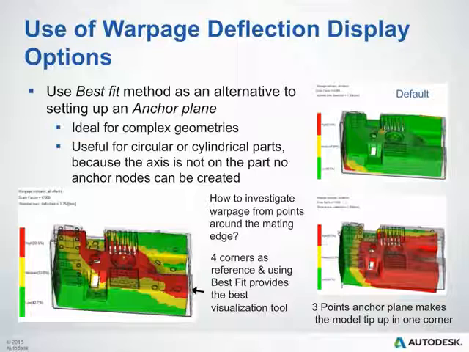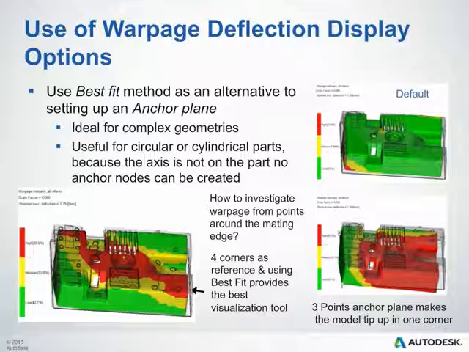So some tips here on this particular part is that we can see the default best fit in the upper right corner. There's no reference at all. It's just floating in space. This is really hard to interpret back to our real life results that we're seeing and measuring. So what we can do is a best fit around the bottom edge of that part, and it'll show us how flat that bottom edge is.